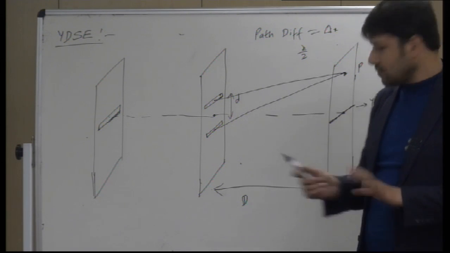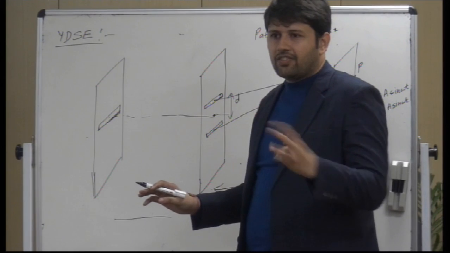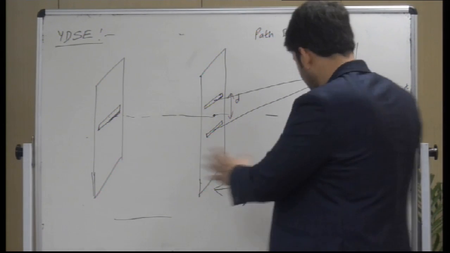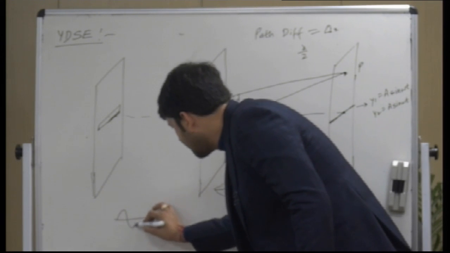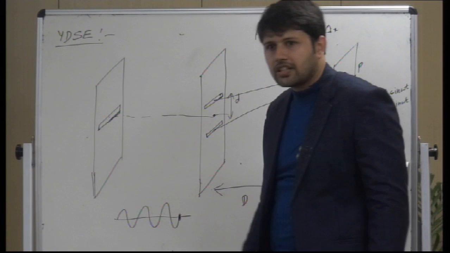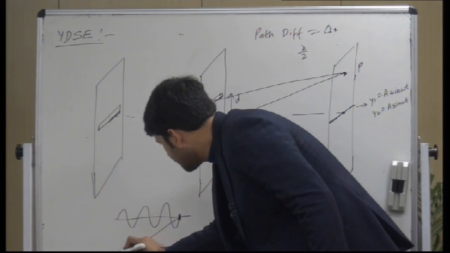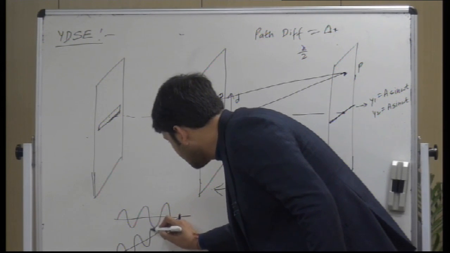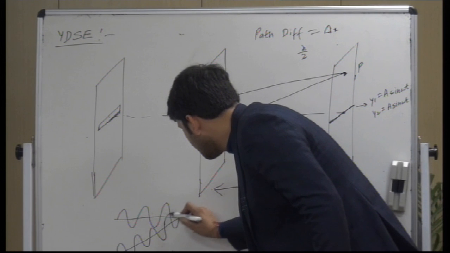Let's say the distance is just 3 wavelengths long. For our assumption, actually it's large, but let's consider the distance is just 3 wavelengths long. The first wave reaches after traveling this much distance. The second wave reaches after traveling 1, 2, 3, and here.